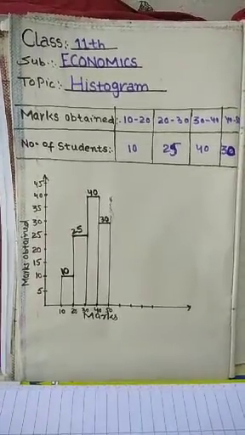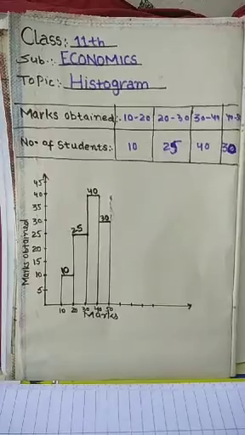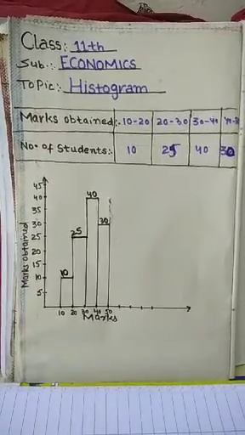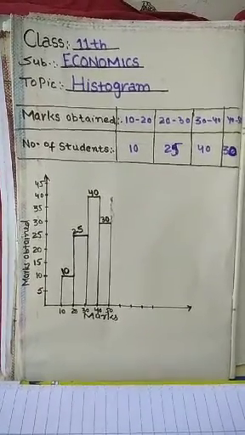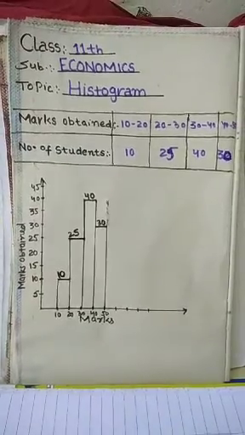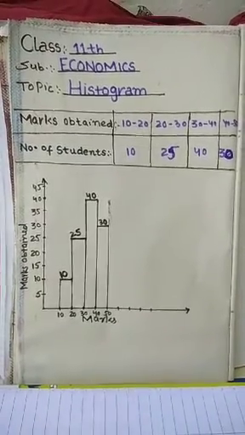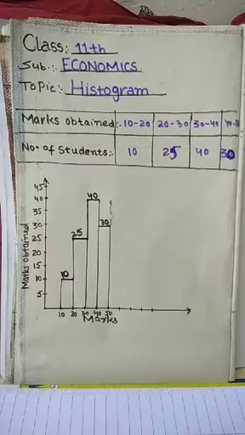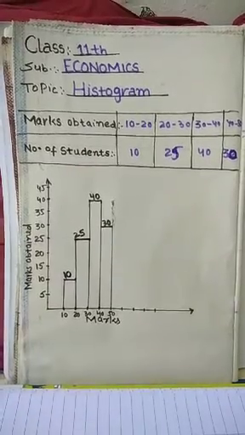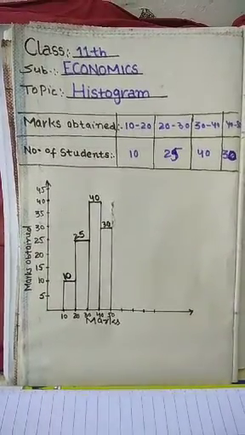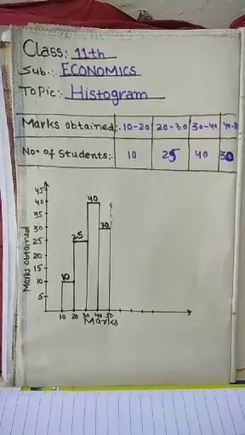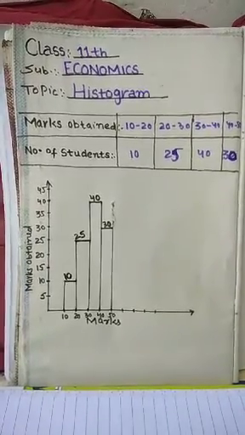In bar diagram, while constructing any data on the graph, we keep a gap between two bars during construction. However, in histogram, no gap is kept between the consecutive bars of the graph.